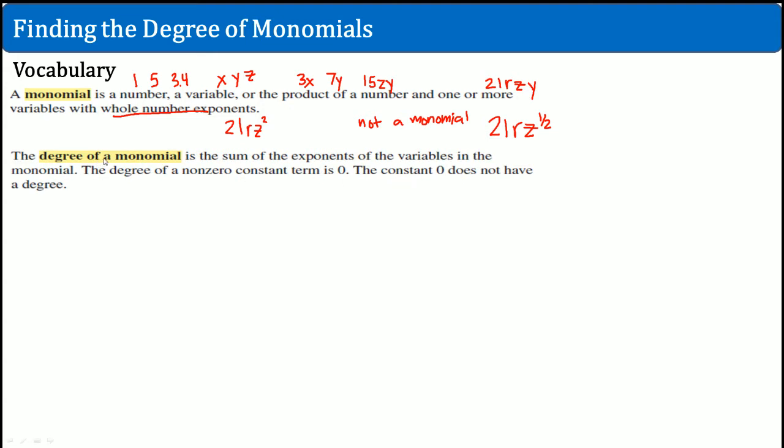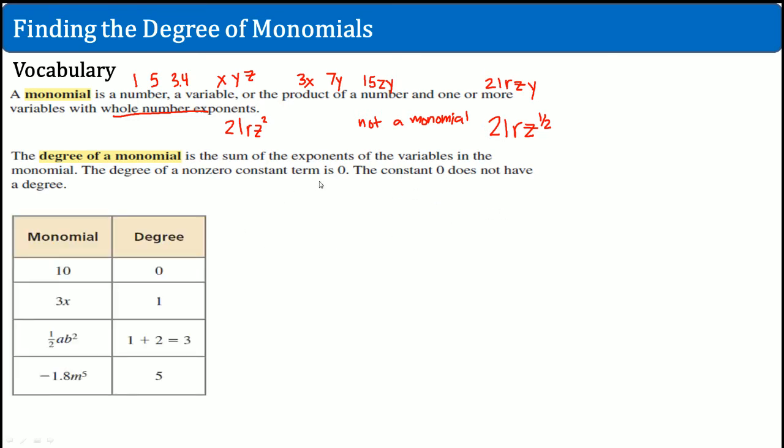The degree of a monomial is the sum of the exponents of the variables in the monomial. The degree of a non-zero constant term is 0. The constant number 0 does not have a degree.